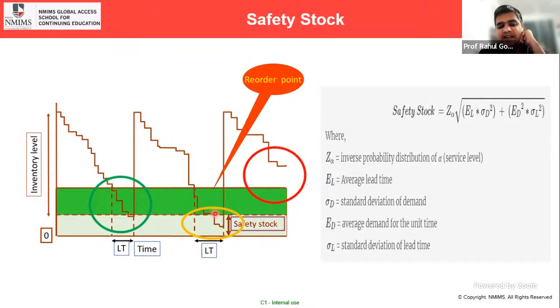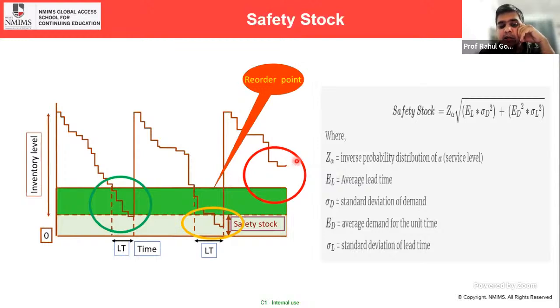So what the safety stock does is help you still service the orders, giving you a little bit of flexibility, a little bit of buffer. And if there is a delay in lead time from a supplier, you're still able to manage the demand. So safety stock is a buffer stock. Most of the time we don't want to enter into this zone, but there can be inadvertent delay from the supplier.